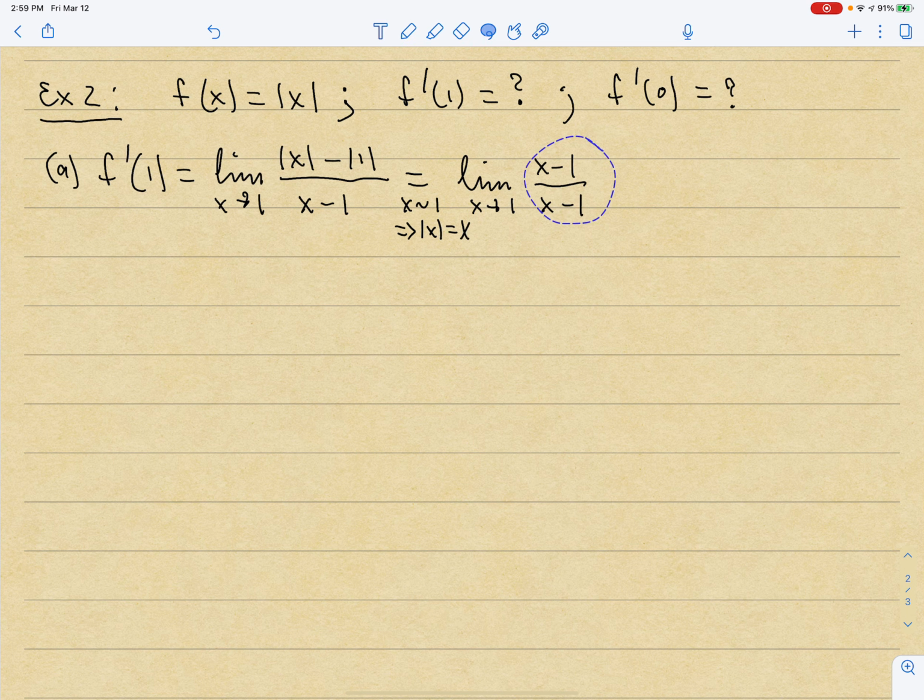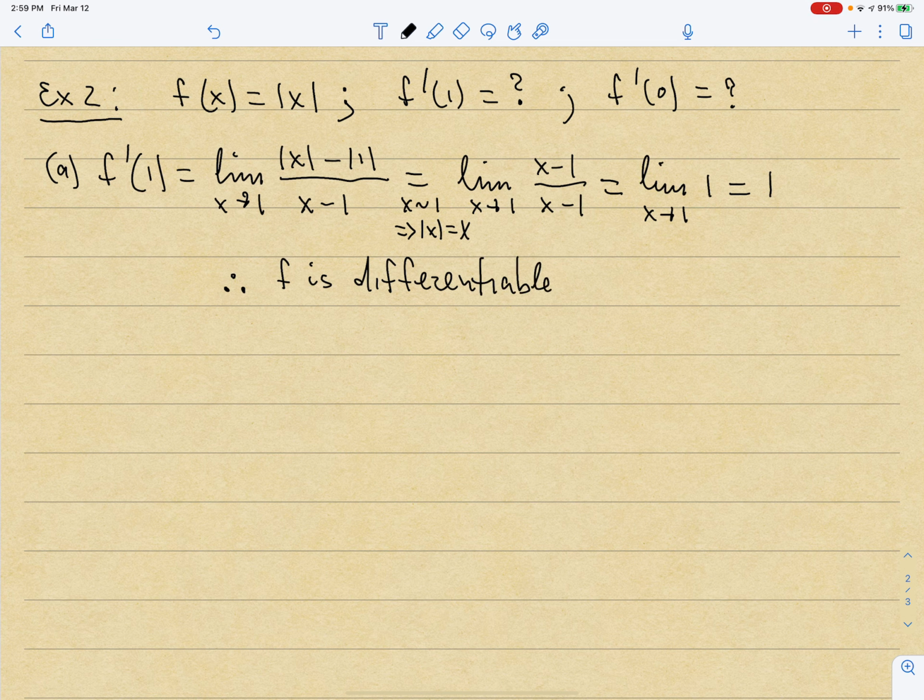Notice this is still an indeterminate form, but of course, x minus 1 over x minus 1 is just a fancy way of writing 1. And limit of 1 is 1. So conclusion here, f is differentiable at x equal to 1, and f prime of 1 is 1, right? That's easy.